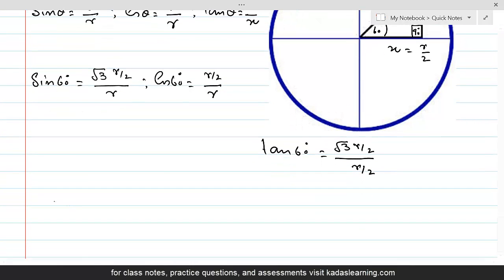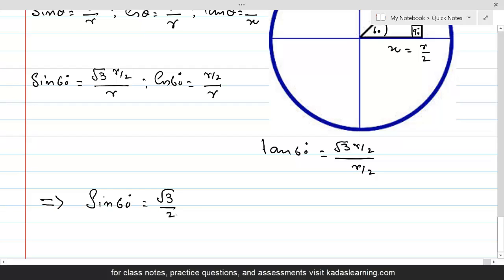So this means sine 60 degree is equal to under root 3 by 2, cos 60 degree will be 1 by 2, and tan 60 degree would be equal to under root 3.